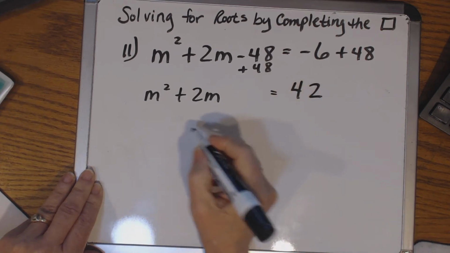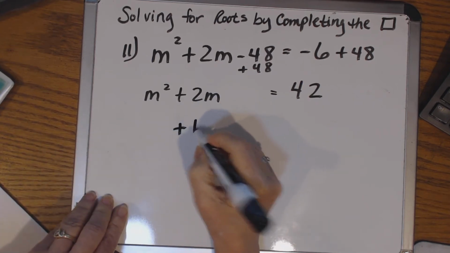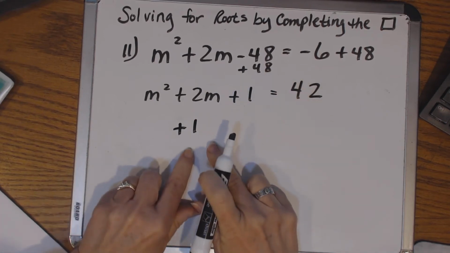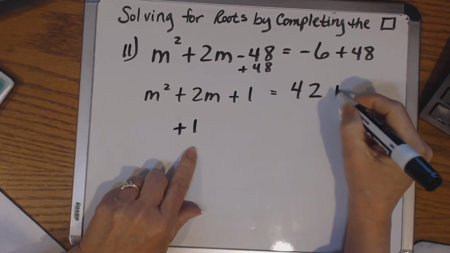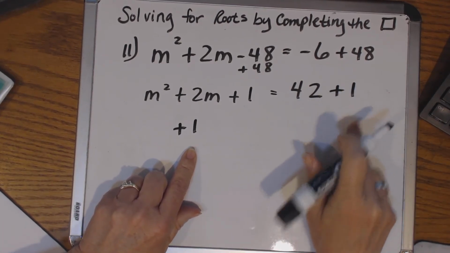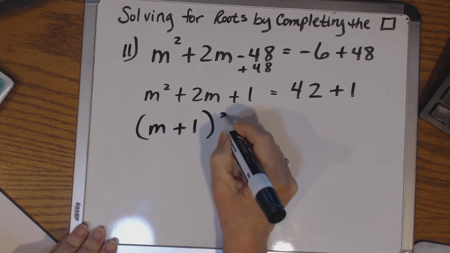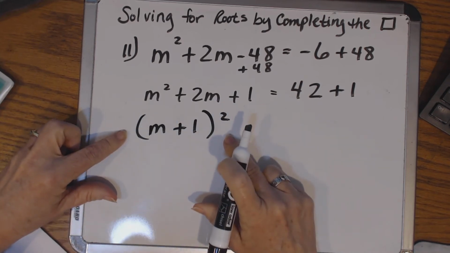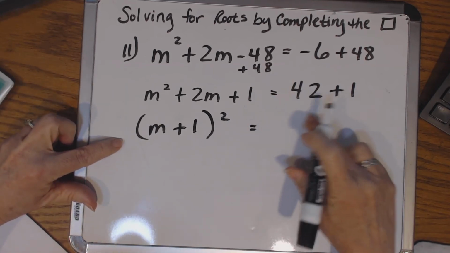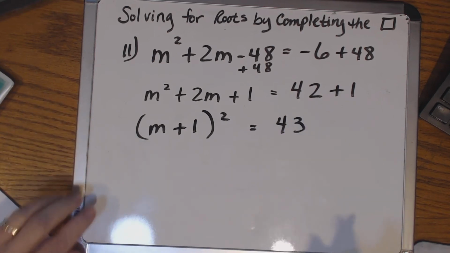Then I'm going to take half of 2, that's positive 1, half of positive 2, add the 1 to both sides, okay? Actually, I'm going to get 43, square root of 43 here in a minute. You can see that. But now I've got my perfect square trinomial. This and this are the same thing, and now this is equal to 43, okay?